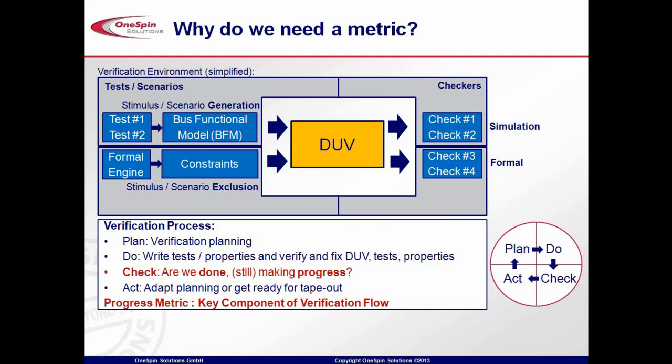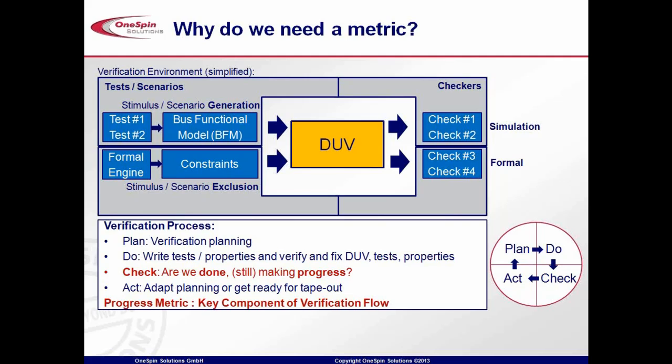Of course. And do you still make any progress? Even if you write maybe some extra properties, it can be that you are still standing where you are. And if your checker says that you're not done, then the idea is to adapt the planning before going to tape out.